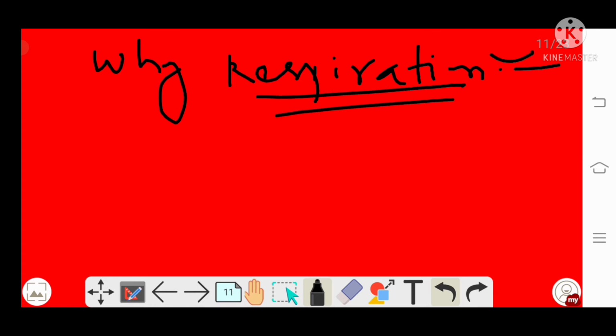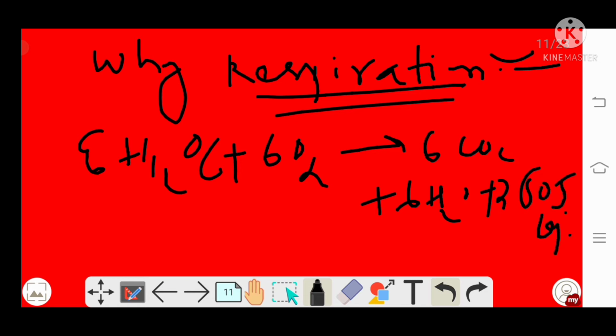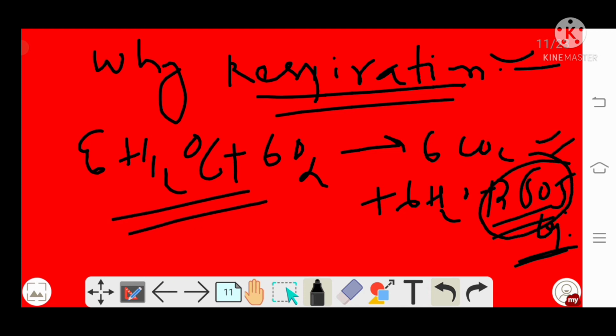During respiration, the glucose molecule, C6H12O6, in the presence of oxygen is converted into another compound: carbon dioxide plus water plus energy in kilojoules. So during respiration the glucose molecule is converted into carbon dioxide and water, and energy is released.